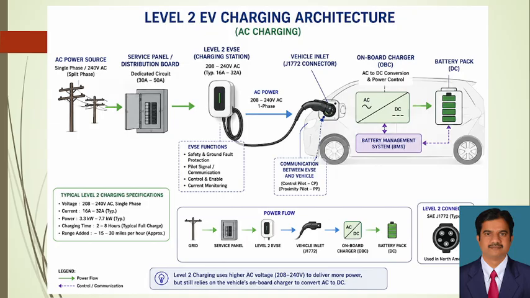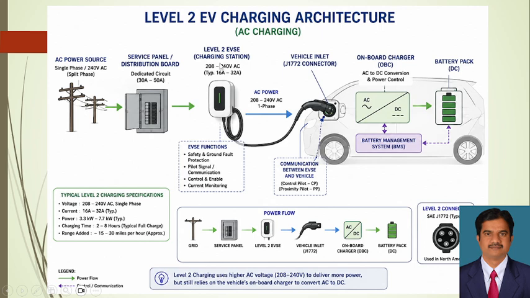So first is an AC source, that is a single phase 240 volts AC supply from the supply lines. We have the service panel or distribution board, a dedicated circuit for the charging purpose only, of 30 amps to 50 amps.